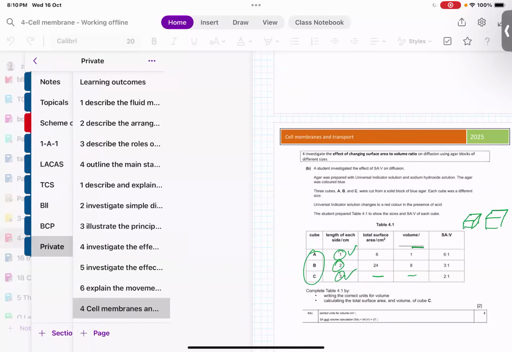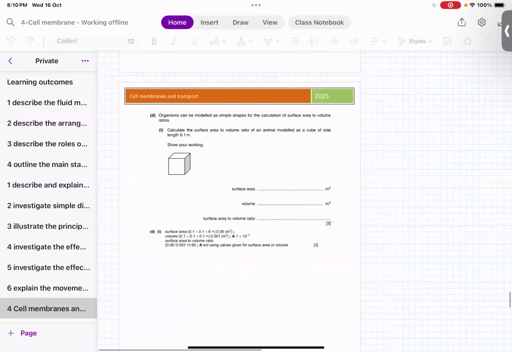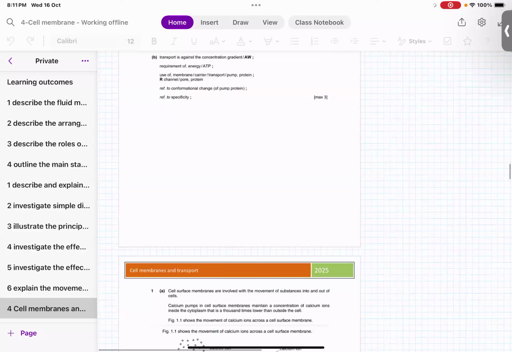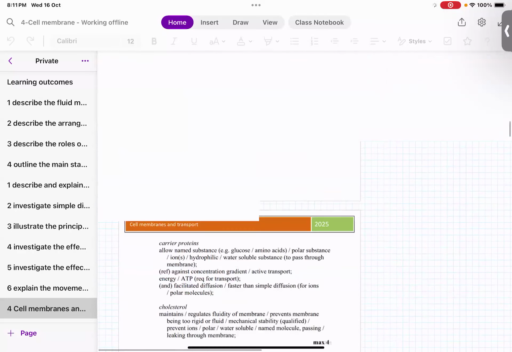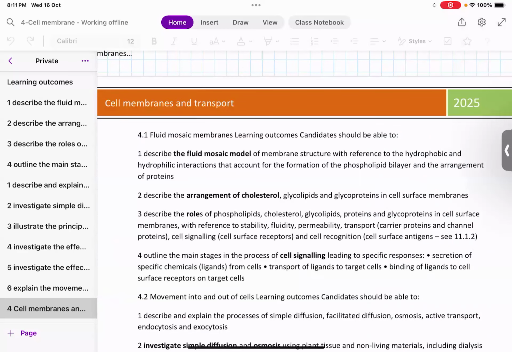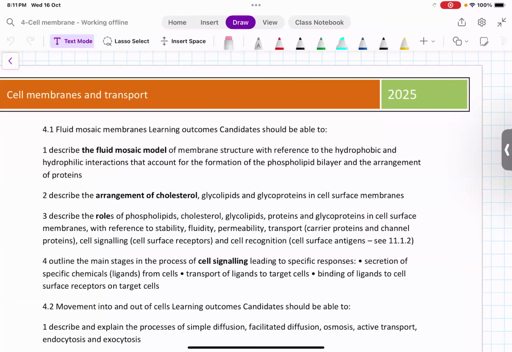Okay, in this chapter we will discuss the fluid mosaic model. And then we'll discuss the components of a membrane that include cholesterol, glycolipids, glycoproteins, and cell surface membrane.